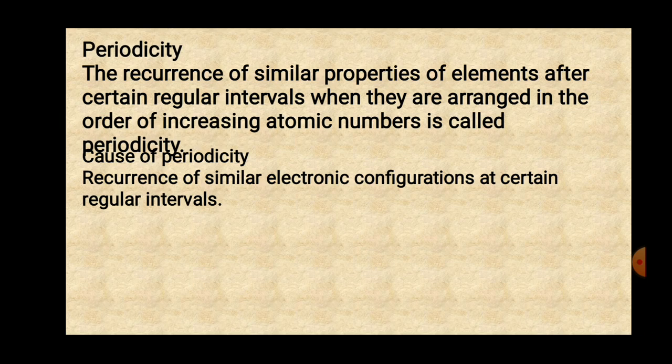Next, the concept is periodicity. I already explained periodicity while explaining Dobereiner's concept of a periodic table. What is the meaning of periodicity? Periodicity is the recurrence or repetition of similar properties of elements after certain regular intervals, when they are arranged in the increasing order of atomic numbers.